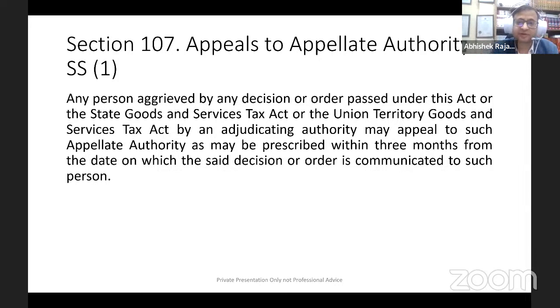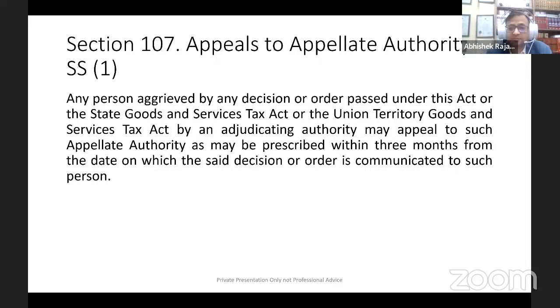So, because I am aggrieved, I am filing this appeal under Section 107. Now, the order could be passed by the CGST authority or SGST authority or say UTGST. So, whosoever has passed the order, the proper officer, you have to file the appeal against this to his commissioner. It could be joint commissioner, additional commissioner, or commissioner appeals.